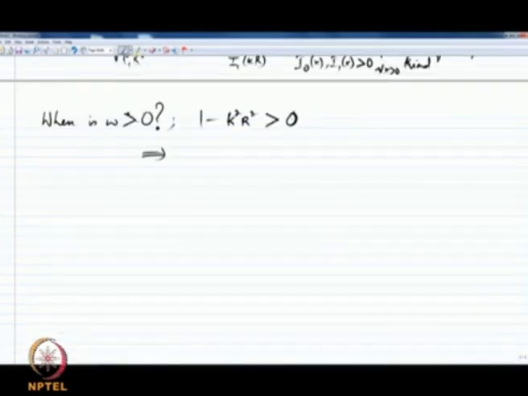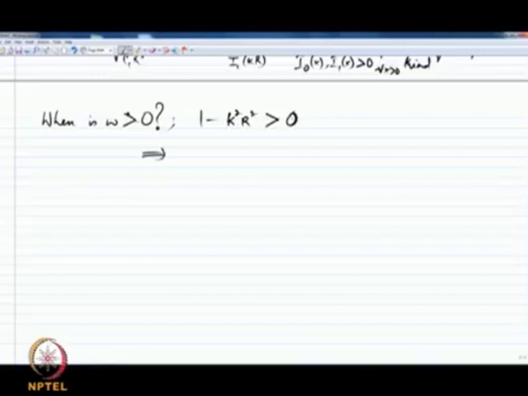We are able to solve this in closed form, which is simply... now I 0 and I 1 are modified Bessel functions of the first kind and are positive for positive arguments. So, I 0 x and I 1 x are greater than 0 for all x greater than 0.